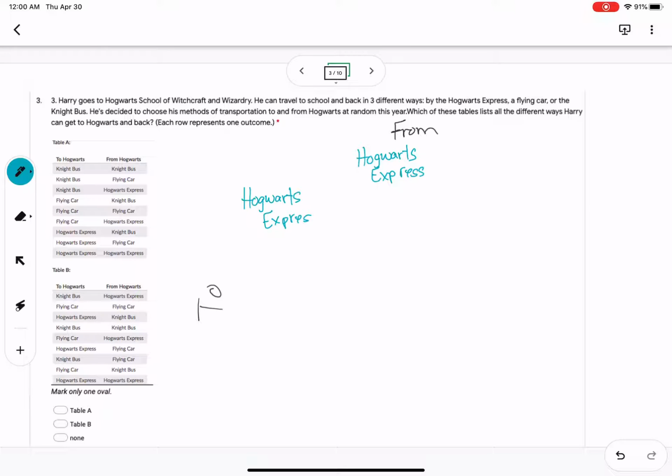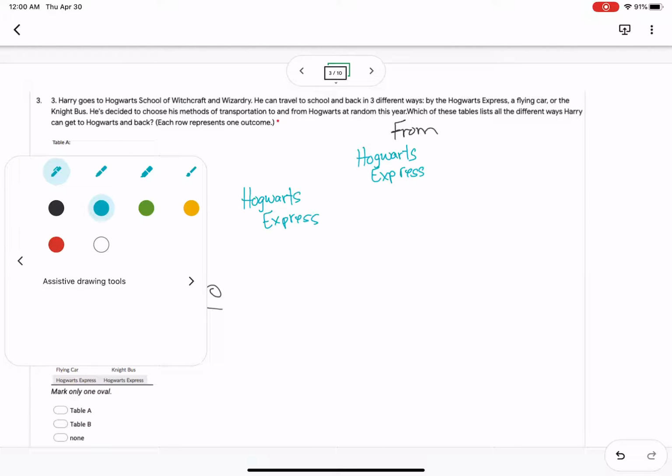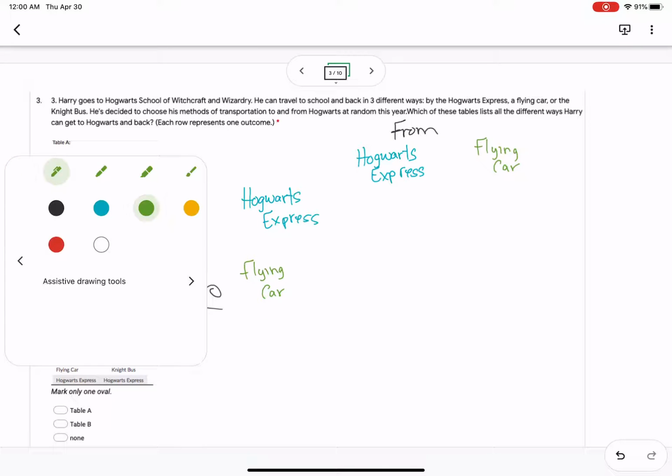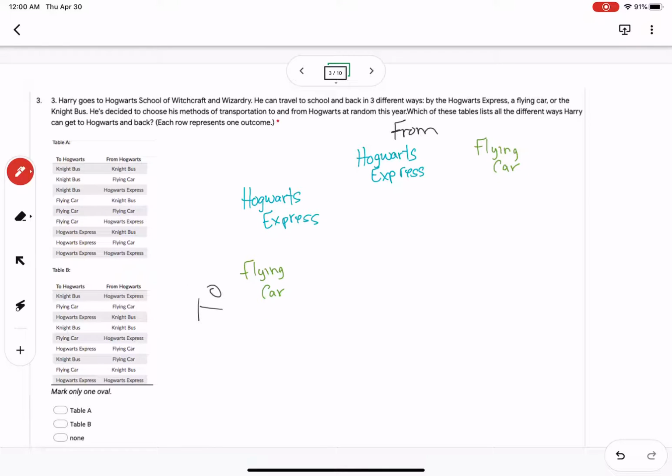He could go to using a flying car. He could go from using a flying car. Or he could go to using the Knight's bus or the night bus. And he could go from using the night bus. Okay, so notice I did all that in different colors so we can see all of our different options here.